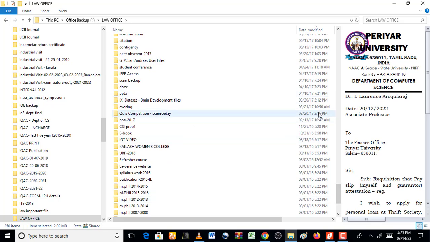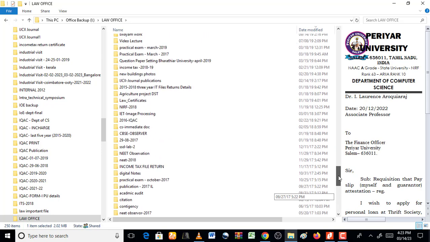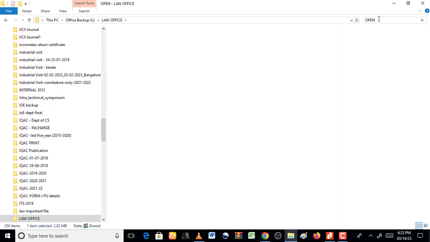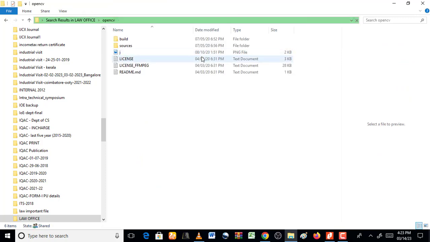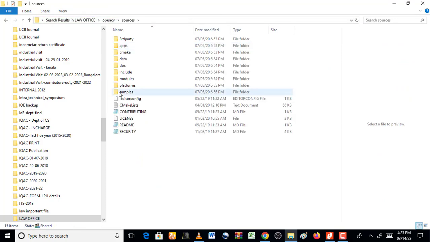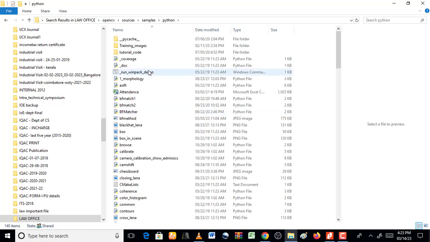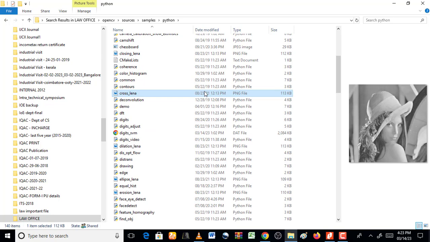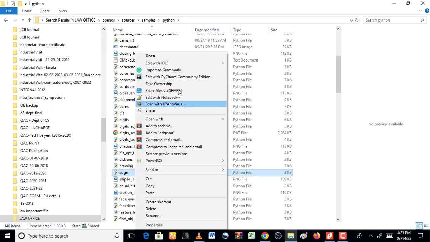In this case, in OpenCV, I moved to sources, samples, and then Python, and then selected the edge detection method.